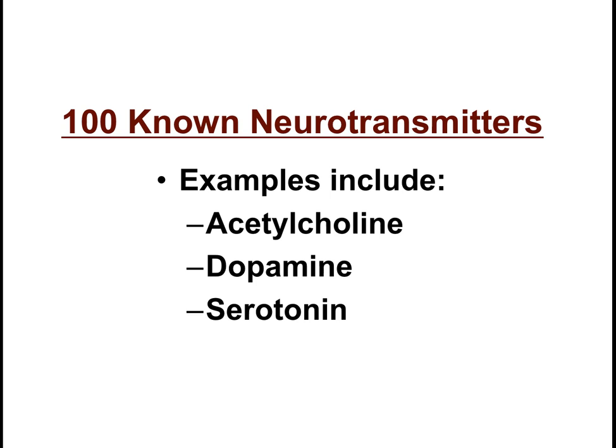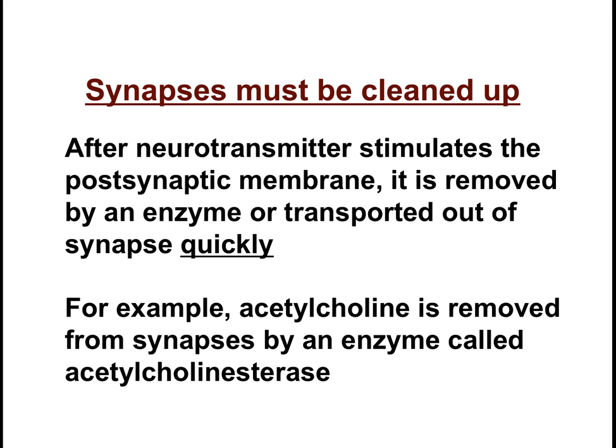Now, while there are 100 or so known neurotransmitters, we're only going to look at a few of them. Dopamine is probably the most familiar after your reading. We'll talk next about acetylcholine, though, because that is a good explanation for a number of different aspects of the nervous system. And I mentioned serotonin because many of you have heard of it.